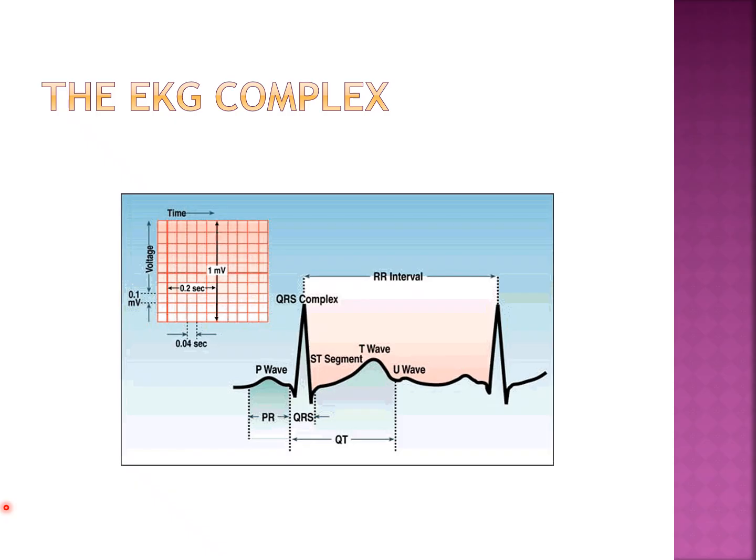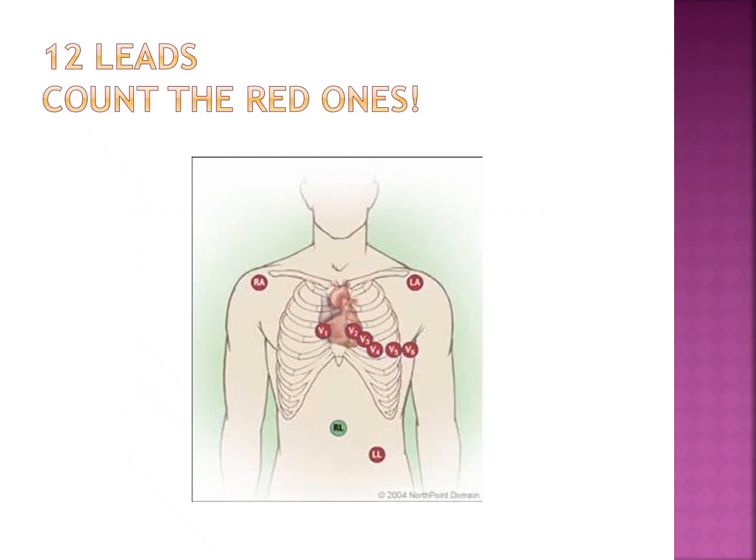So time and voltage. And then when we look at our PQRST, this is just our normal complex, and that's all I really want to show you here. Sometimes you have a U wave, which can be pathologic also. But for right now, all I really need you to understand is the rhythm, the paper, and what the PQRS complex looks like.